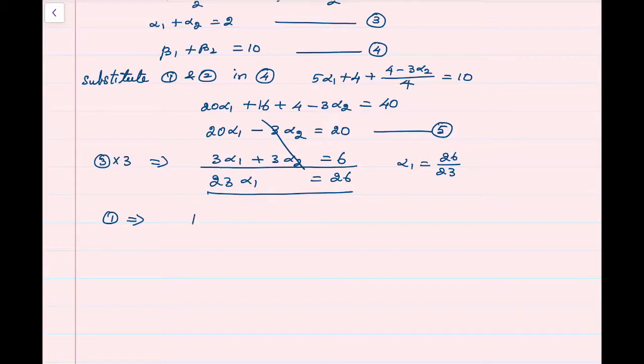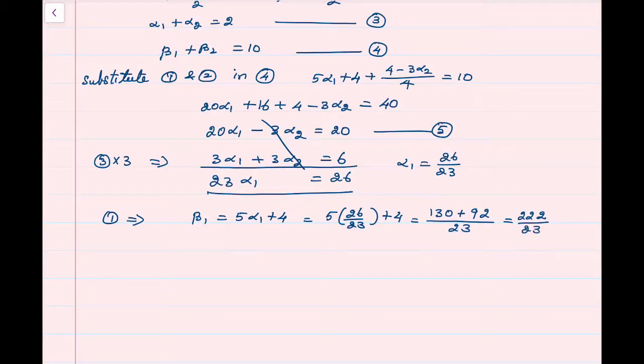From the first equation, beta 1 is 5 alpha 1 plus 4, which is 5 times 26 over 23 plus 4. 23 is the LCM, 130 plus 92, 222 over 23. Therefore, point A is alpha 1 is 26 over 23 and beta 1 is 222 over 23.